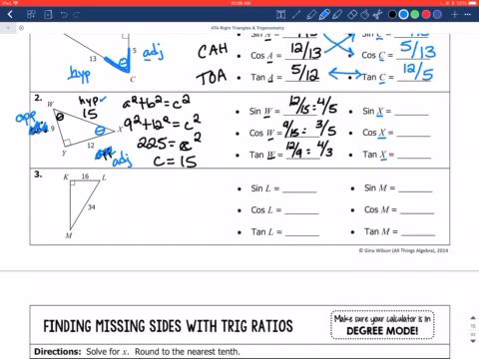So opposite over hypotenuse for sine would be 9 over 15, which does simplify out to 3/5 like we've already got. Cosine would be adjacent over hypotenuse, 12 over 15, which simplifies out to 4/5. And tangent is opposite over adjacent, which is 9 over 12, which simplifies out to 3/4.